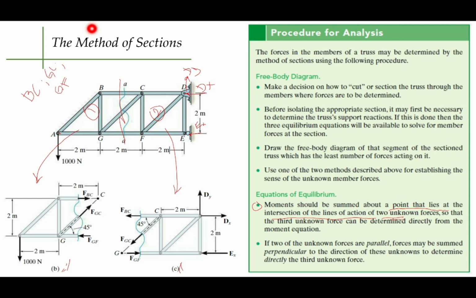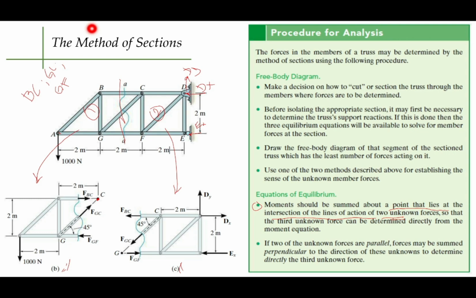So for this, it is best to do the equilibrium equation, summation of moment at point C. It's because the lines of action of force BC and force GC pass through point C, so therefore they will not cause a moment about point C.